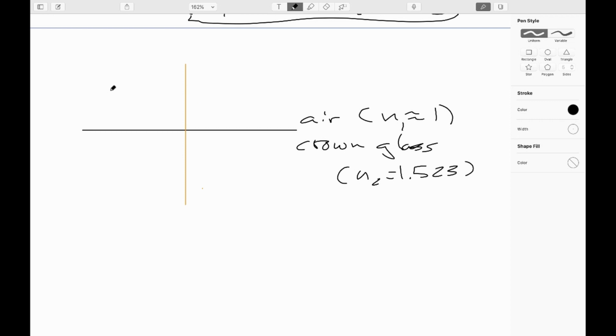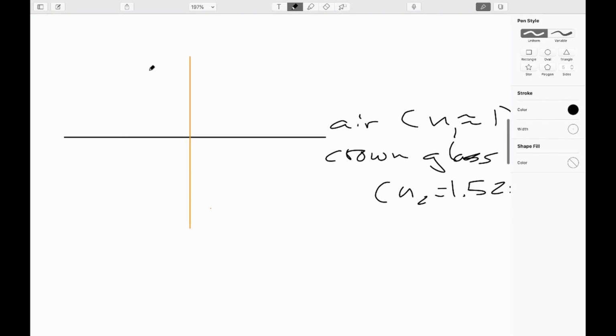Okay, so let's say that we have light coming in at an angle of 30 degrees. We would like to know what angle it makes going out.